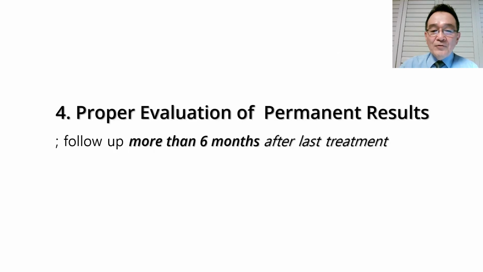To properly evaluate permanent hair removal results, practitioners need to follow a patient more than 6 months after the last treatment. In the data of many articles on laser hair removal, we can find the hair reduction rate is stable 6 months after stopping laser hair removal treatment.